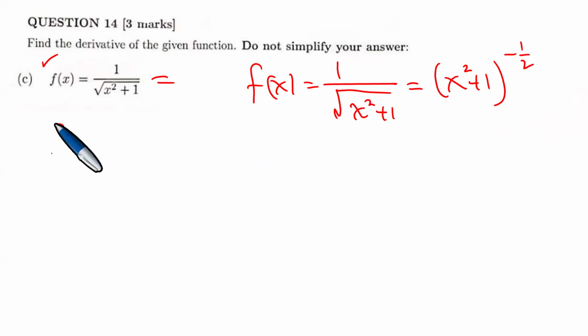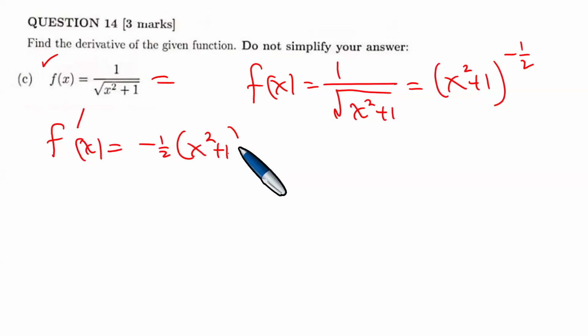The derivative of this by the chain rule is f prime of x, which is minus 1/2 times x squared plus 1 to the minus 3 over 2.